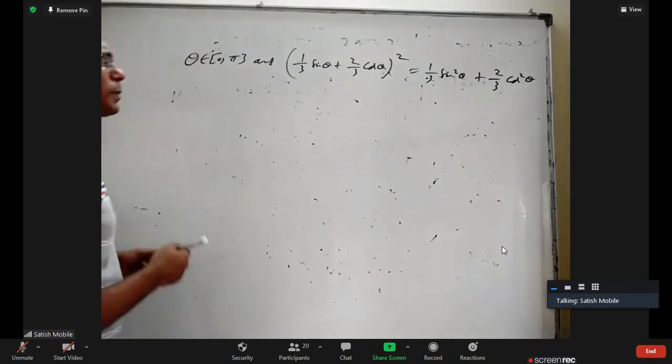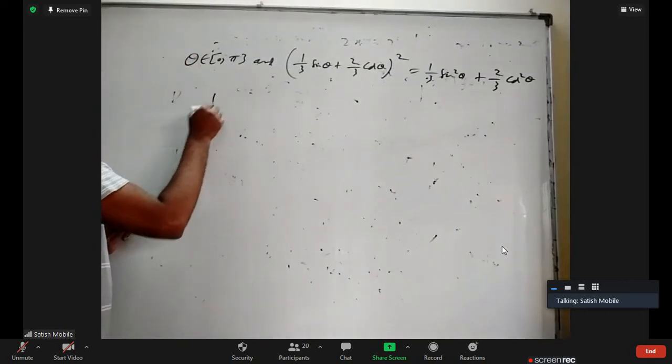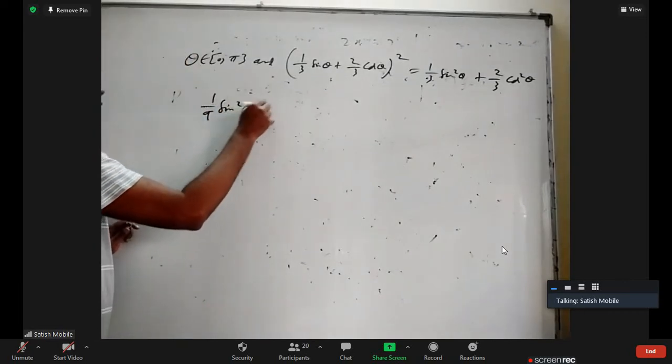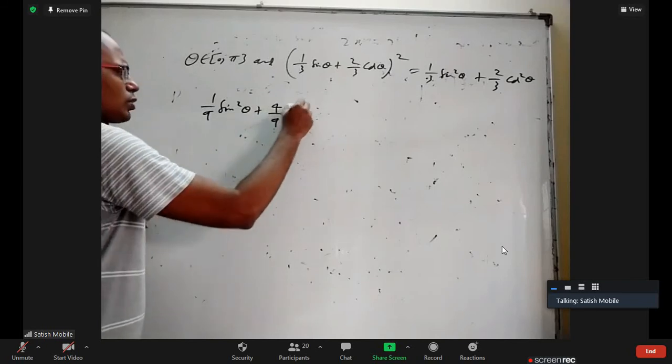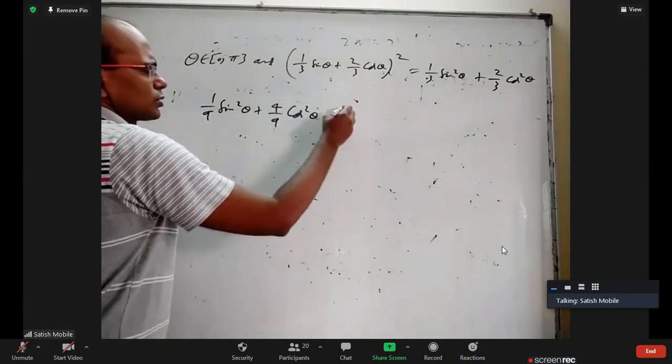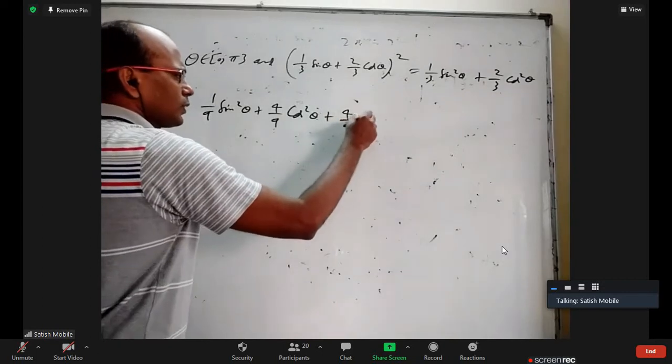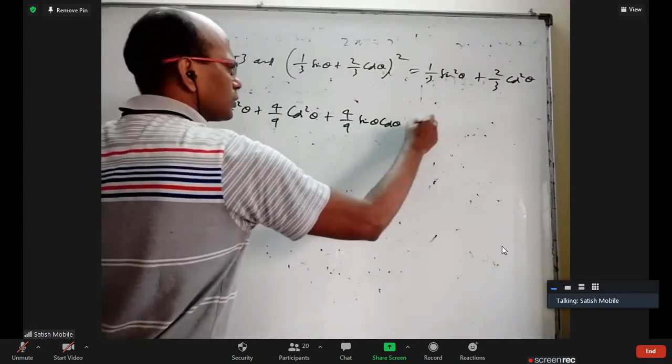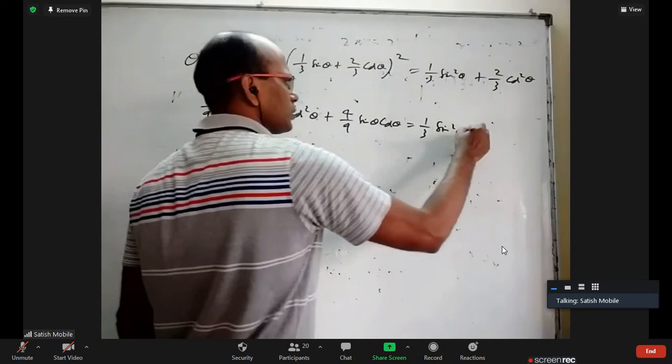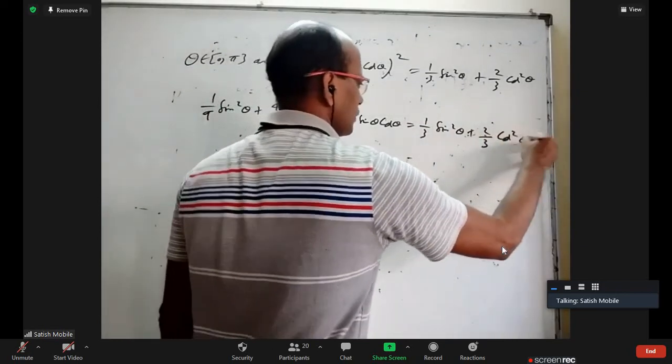Okay, just expand this. 1 by 9 sine square theta plus 4 by 9 cos square theta plus 2 into this, 4 by 9 sine theta cos theta, equal to 1/3 sine square theta plus 2/3 cos square theta.